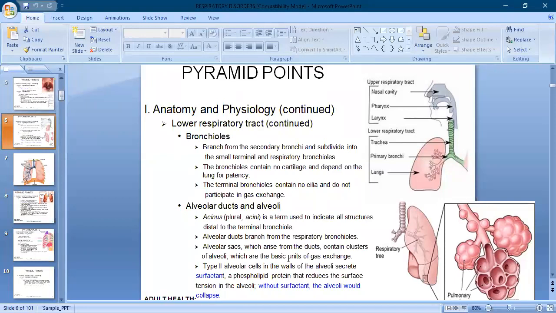This is one very important point. The alveolar sac contains one protein called surfactant. Surfactant helps to keep the patency of the alveolar sac. If a patient has a deficiency of surfactant, the alveolar sac collapses.